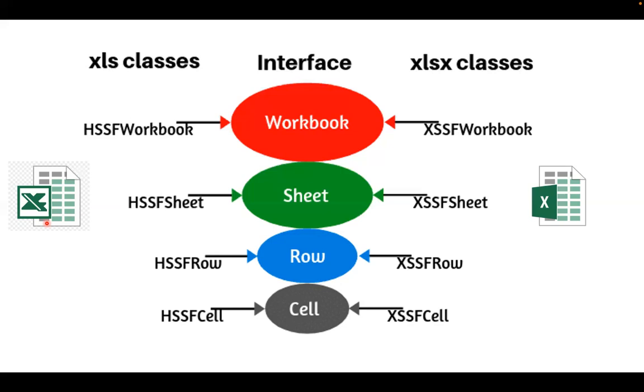The interface depends on the type of Excel sheet we are handling. If you are using the latest versions, it will be XSSF, like it's showing here. For workbook, sheet, row and cell, we have to use the interfaces starting with XSSF.